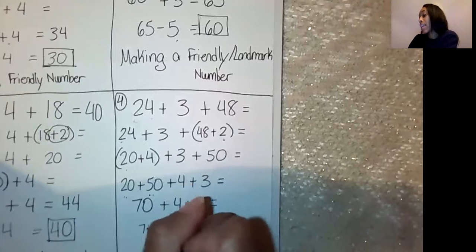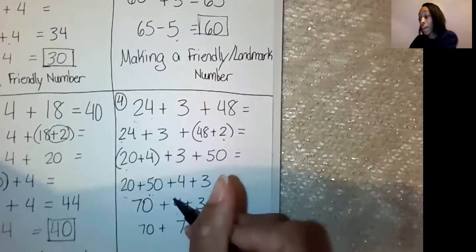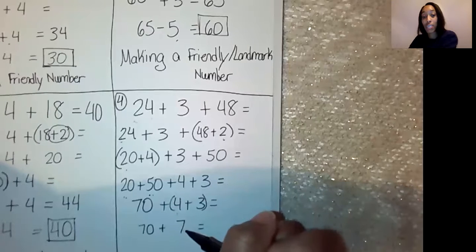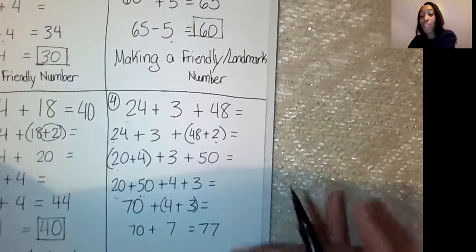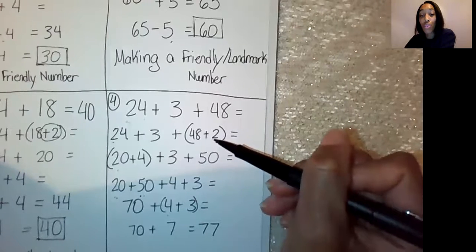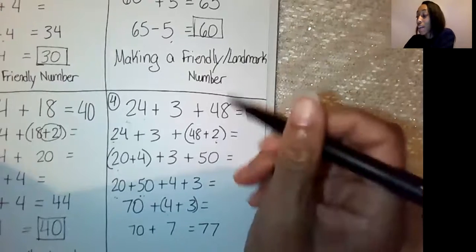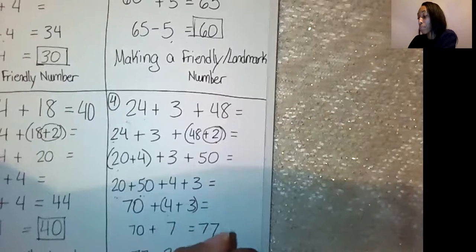So I can say this is going to be 70 plus 7, because when I combine this, it gives me 77. But remember, I'm not done. I brought and counted up those 2 to get to 50. So I have to take this 2 back out from that number. And that's going to leave me with 75.